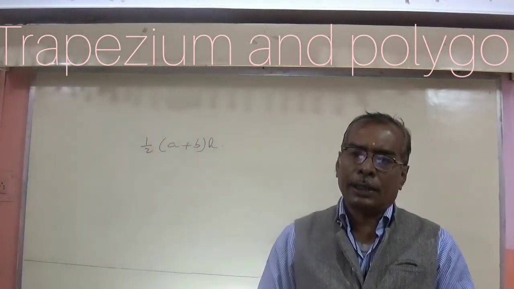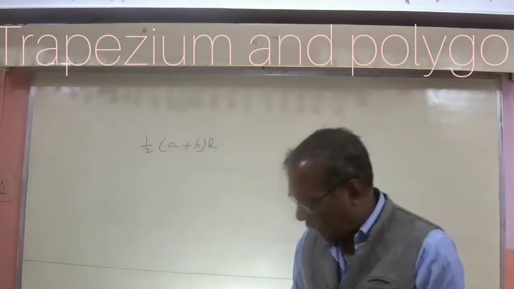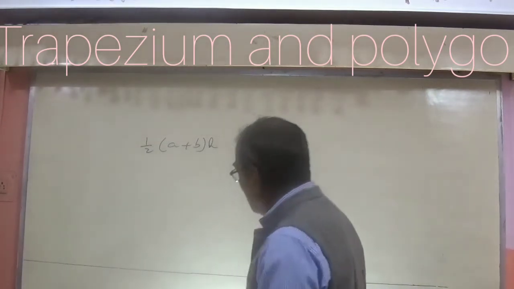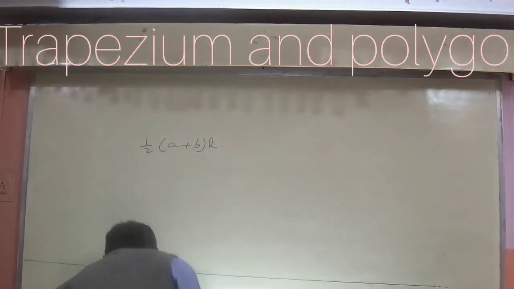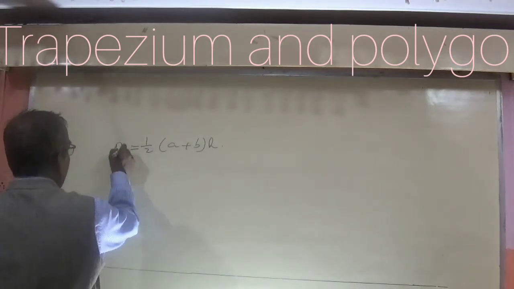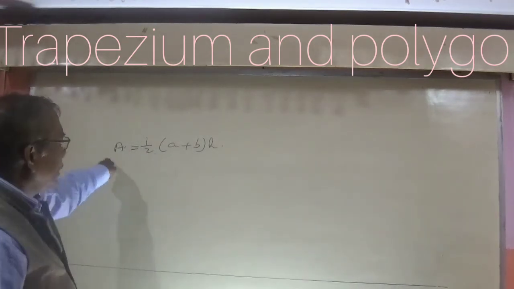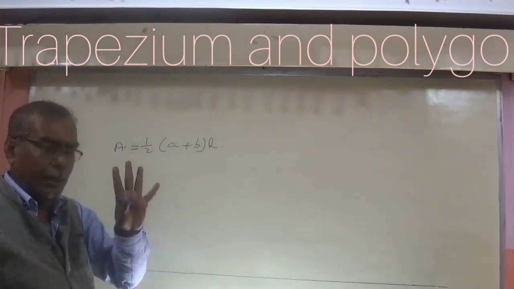A and B are the lengths of the parallel sides. Now we are finding the area of a trapezium, we are denoting this one by A. So I find that in this particular formula there are 4 parameters.